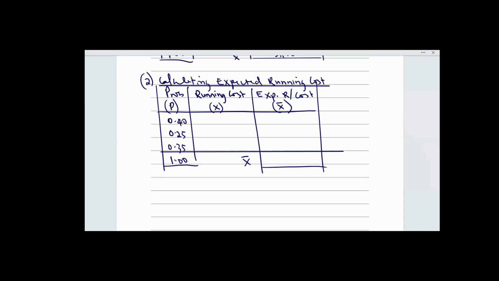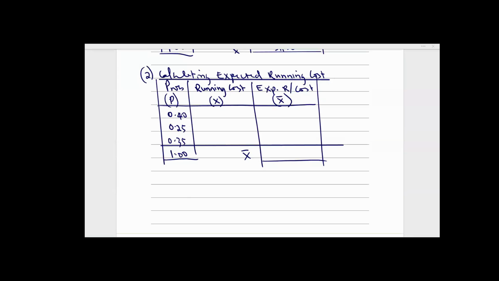Then the running cost for each probability: 25, 30, 35. We then multiply. What do you have? 10,000.